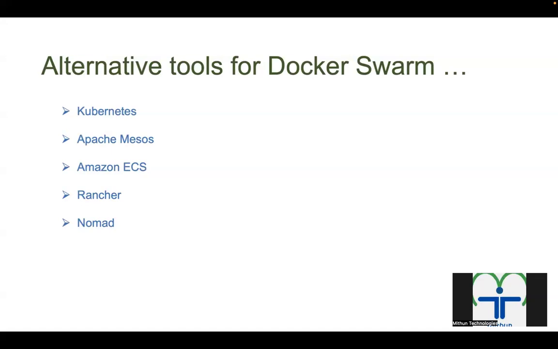Why is Kubernetes popular? As part of our curriculum, we are going to teach Kubernetes only. We are not going to teach Docker Swarm. Why? Automatic scaling, service discovery, and declarative configuration management. It is very important.